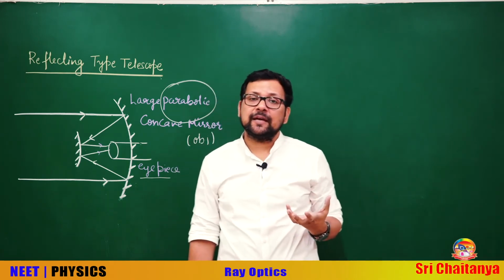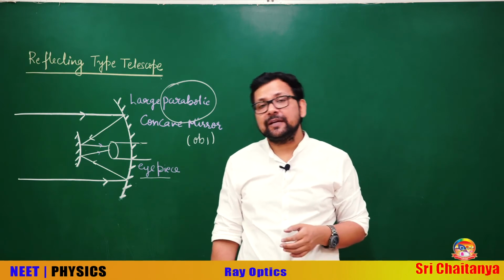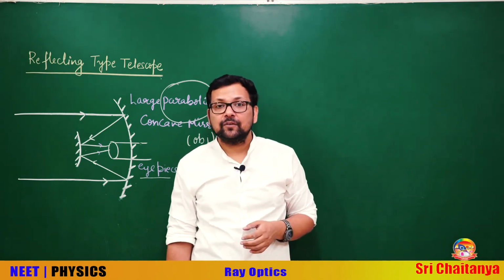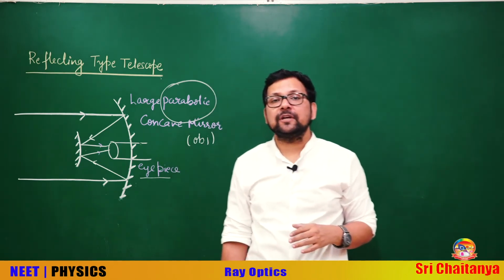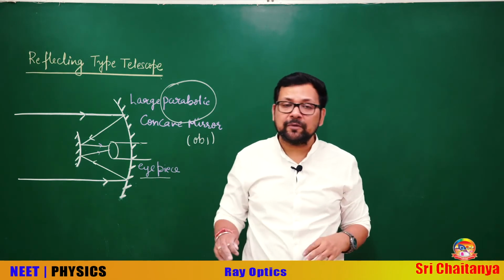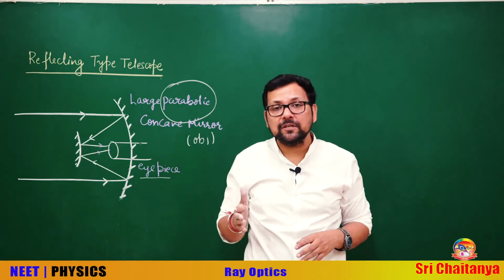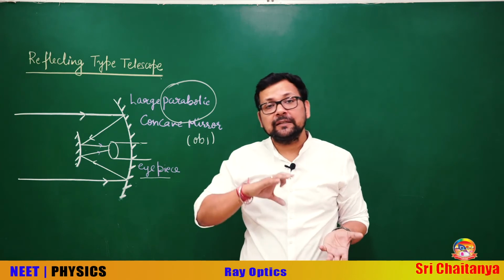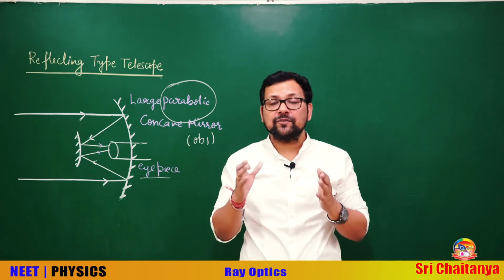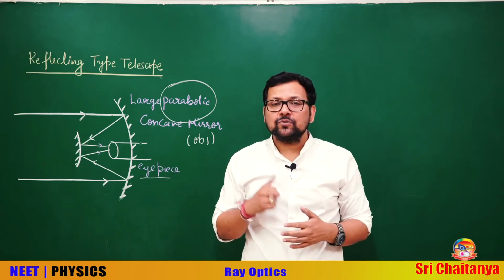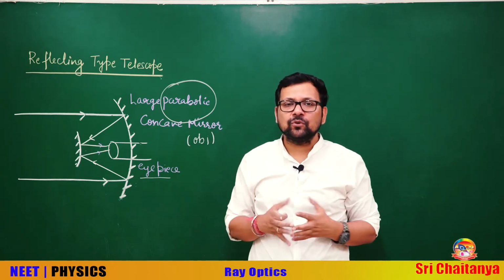Spherical aberration is there, then why are you using the reflecting type? Because we are not using a spherical mirror, we are using a parabolic mirror. Do remember, parabolic mirrors are used for the healing of spherical aberrations.